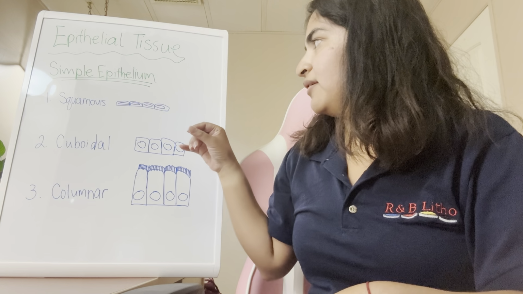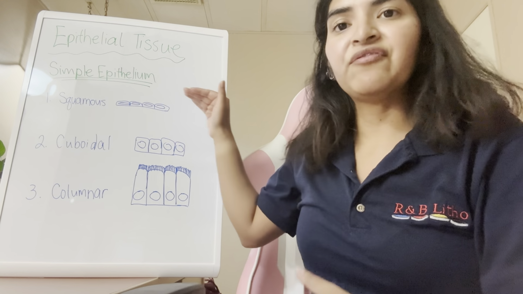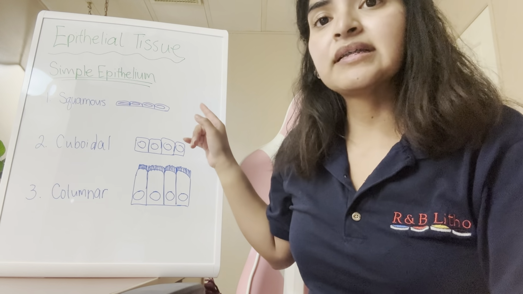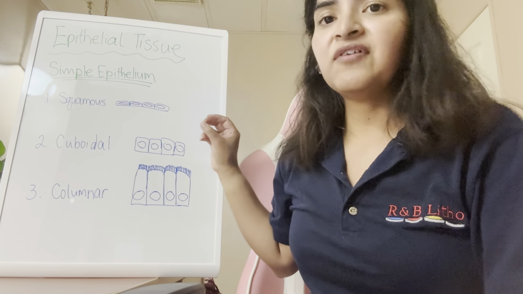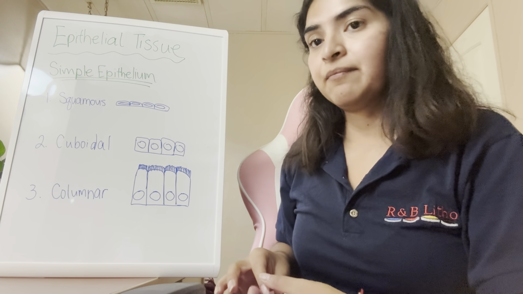the characteristics are that the nuclei are disc-shaped and it is pretty flat. It can be found in the lungs and the kidneys, and its main functions are diffusion and friction reduction.